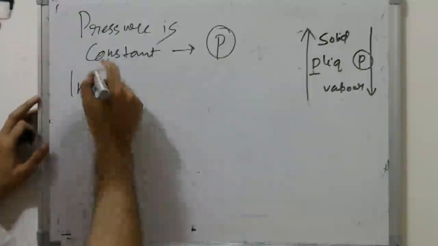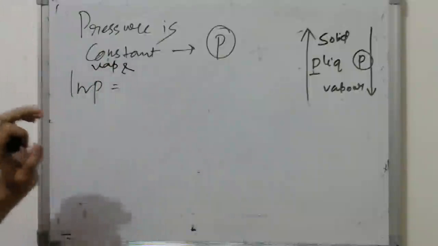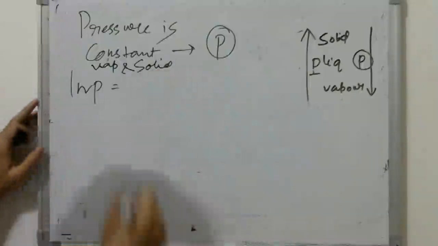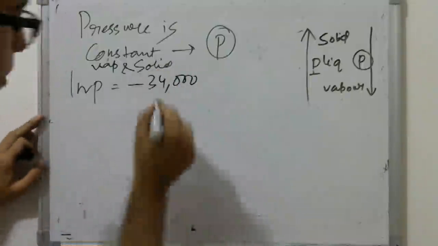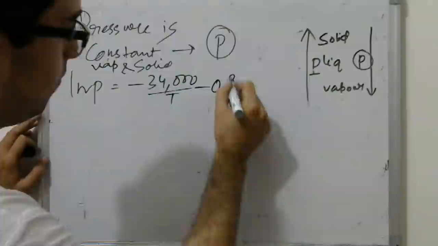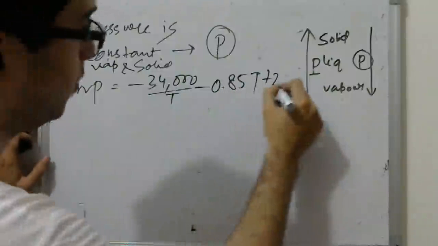For vapor and solid, ln P is -34000 by T minus 0.85 T plus 21.46.